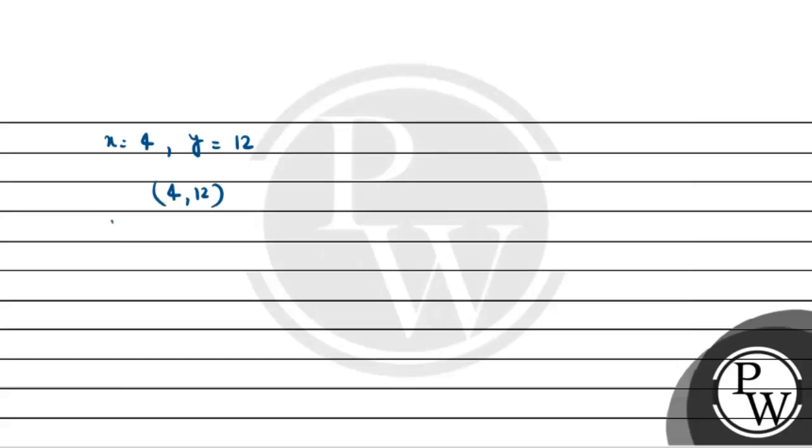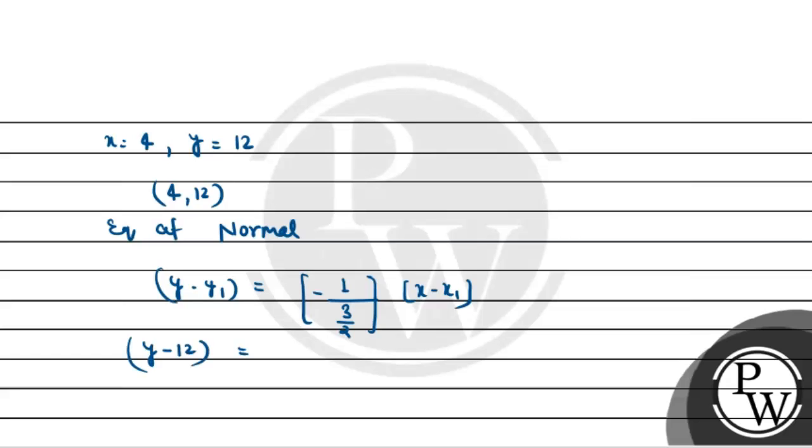So the equation of normal will be y minus 12, multiplied by minus 1 upon dy by dx, and dy by dx at this point comes out to be 3 by 2. Okay, and multiplied by x minus x1. So after putting the value of x1 and y1, we have y minus 12 multiplied by x minus 4.